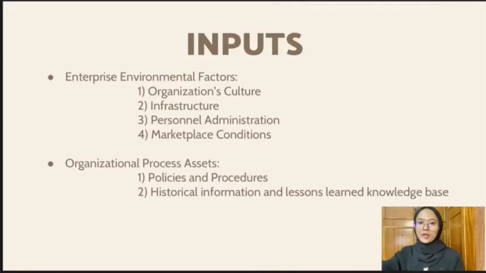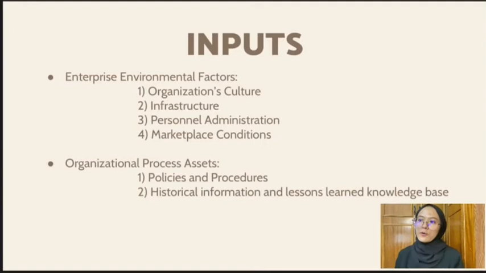Only when all these are taken into consideration can the project manager define and execute an effective scope management plan. And the last input for plan scope management is organizational process assets. The organizational process assets are categorized into two types, namely policies and procedures, and historical information and lessons learned knowledge base.